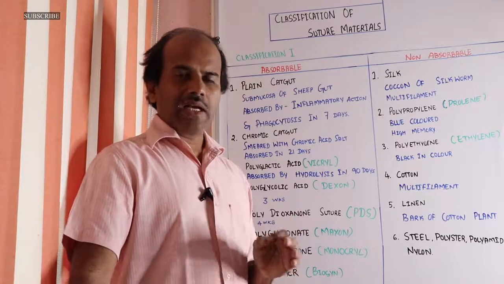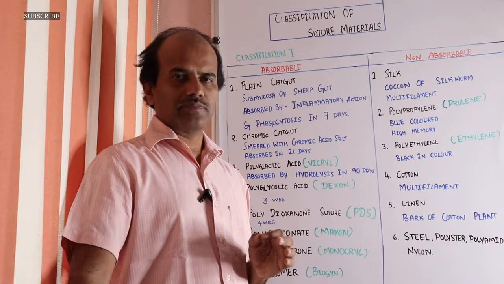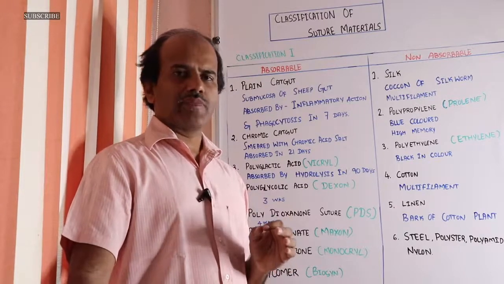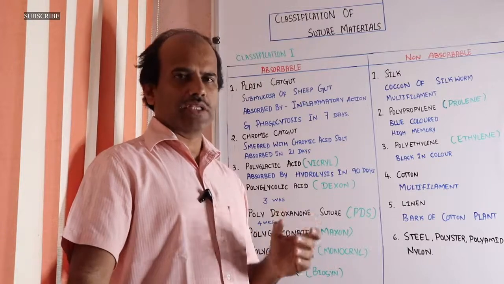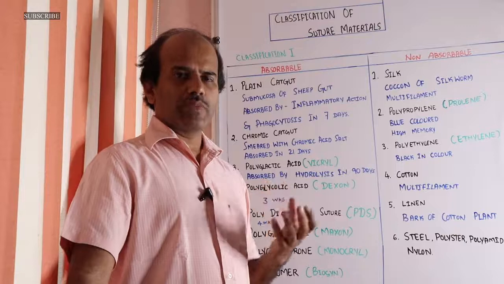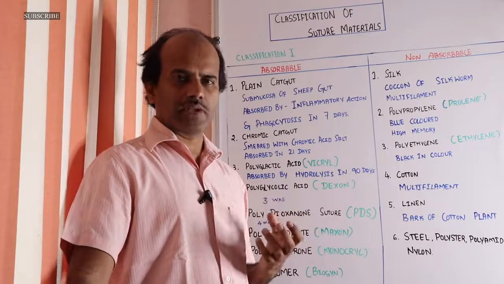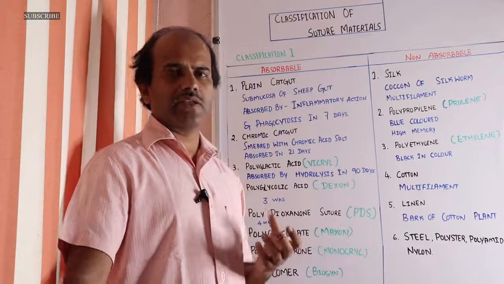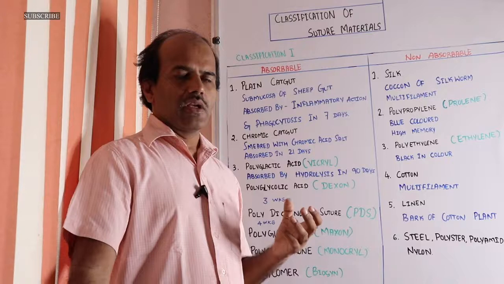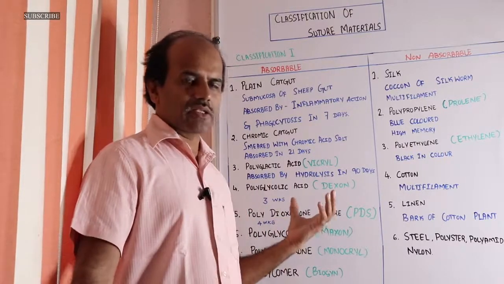That kind of suture material comes under multifilament suture materials. These multifilament suture materials also give shelter to body secretions as well as microorganisms, which becomes a shelter for the microorganisms and causes infection. That is the disadvantage of using multifilament suture material.